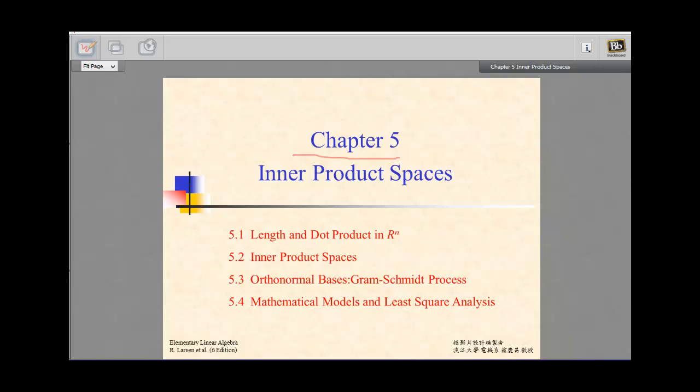So we have the inner product space that we are going to discuss today, and as you know, the inner product space is defined by u and v.